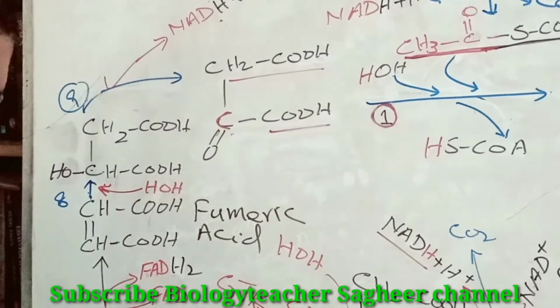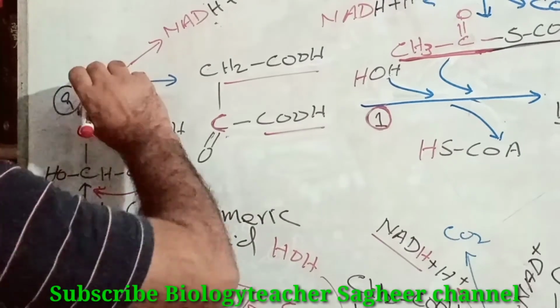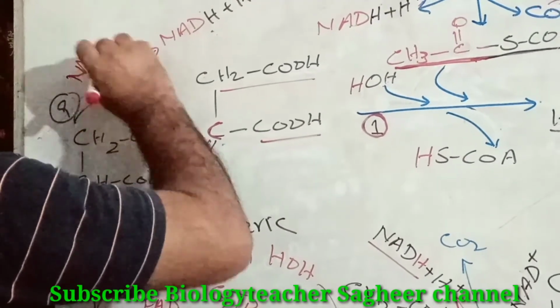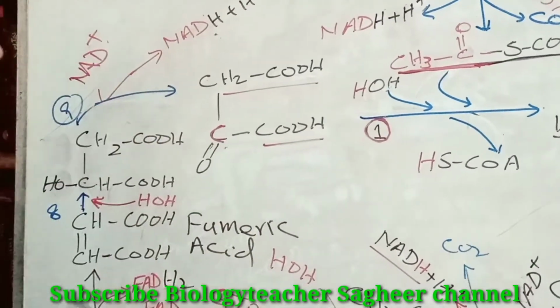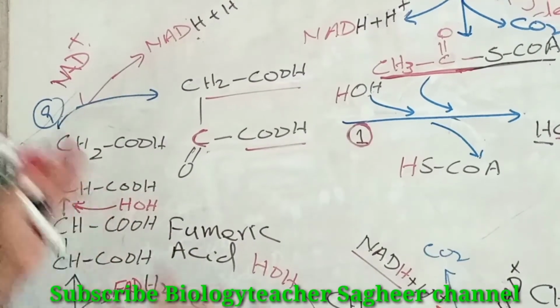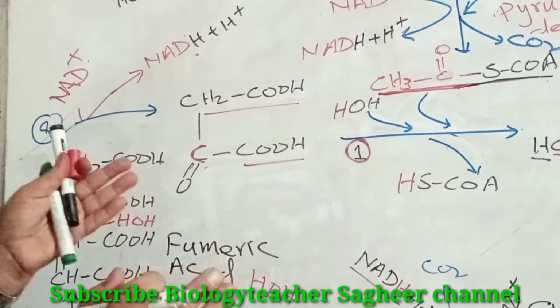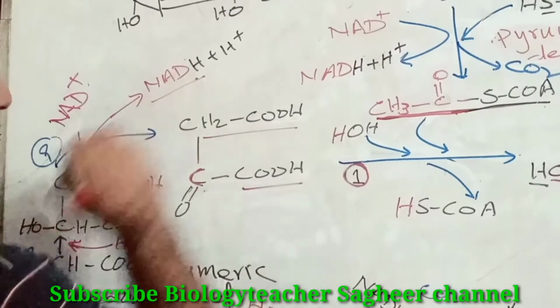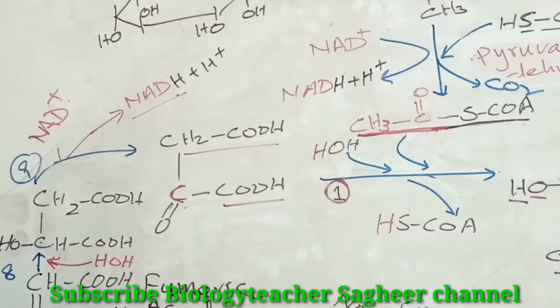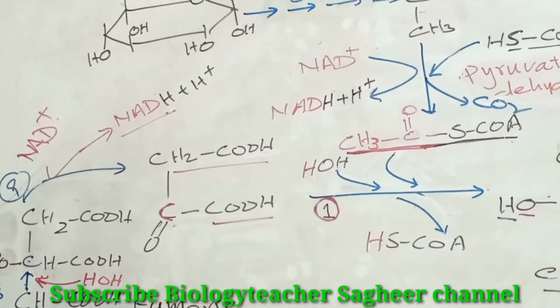In the next reaction, the last reaction of the Krebs cycle, you find another reduction. Nicotinamide adenine dinucleotide in the oxidized form is there, and that is converted into the reduced form of nicotinamide adenine dinucleotide.